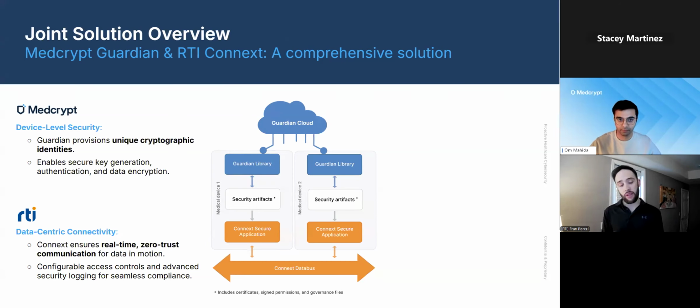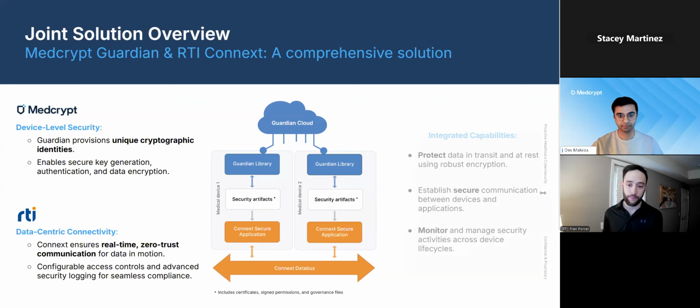But the thing that you need to know is how to configure it. The output of that is going to be a set of certificates that are going to be used as an input for RTI Connect security. And that is going to help your applications communicate in a real-time fashion with very low latency, very high throughput, but also in a secure manner to be compliant with FDA guidance.